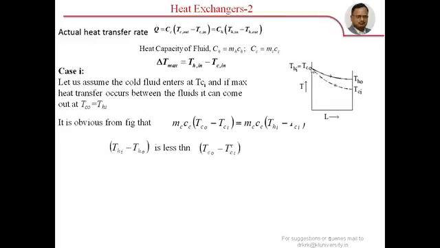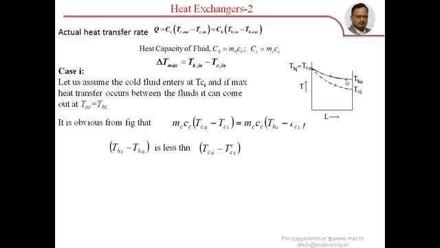And if you look at the temperature difference, THI minus THO, the temperature drop in the hot fluid, is small, whereas the temperature gain by the cold fluid, the difference between TCI and TCO, is more.